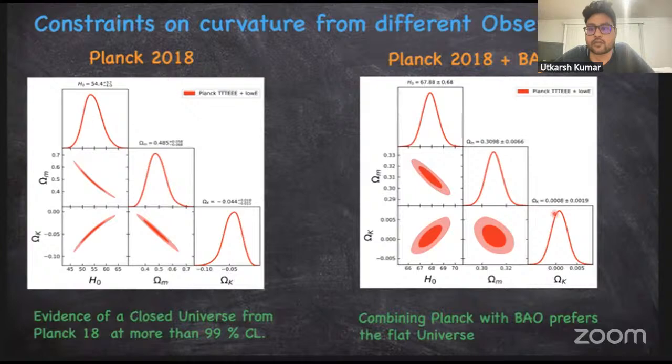In the right contour, we present the constraint from combining Planck plus BAO, and we find that the universe is again consistent with our standard understanding that it is a flat universe. Basically I'm presenting only two measurements, but there are several other measurements that are also in tension with Planck: Planck gives the closed universe, but if we combine Planck data plus other data, it will always give the flat universe.